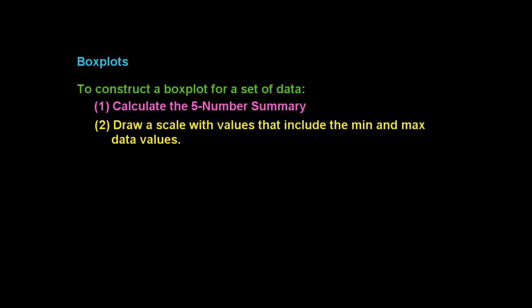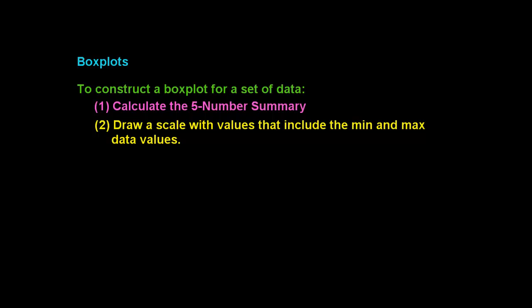Then we need to draw a scale with values that include the minimum and maximum data values. What this means is just a straight line like a ruler, only we aren't concerned with starting at 0. We're starting somewhere either at the minimum or possibly below the minimum.